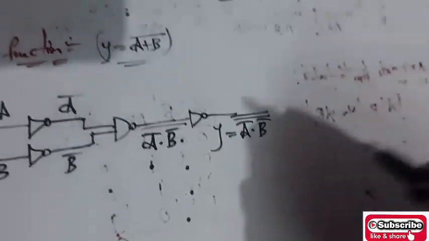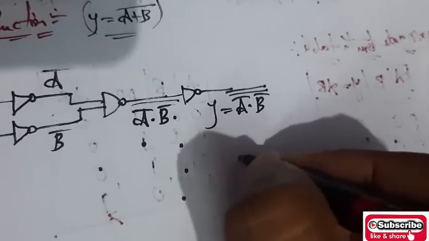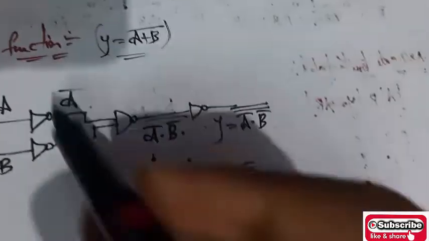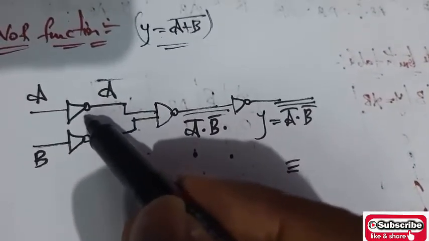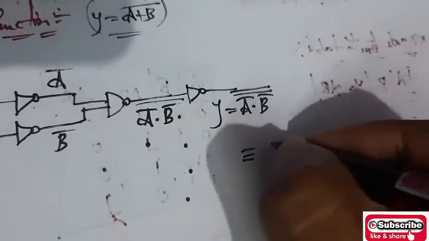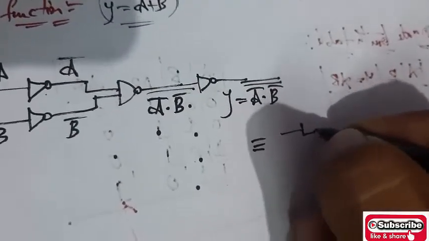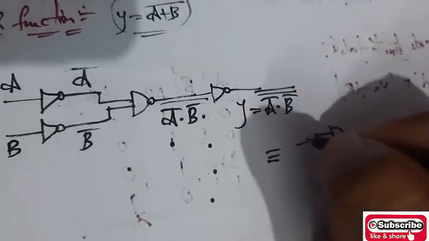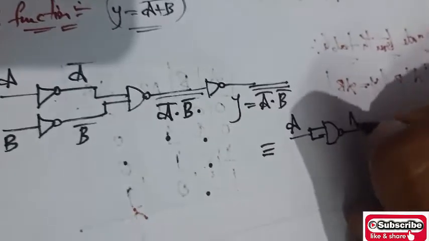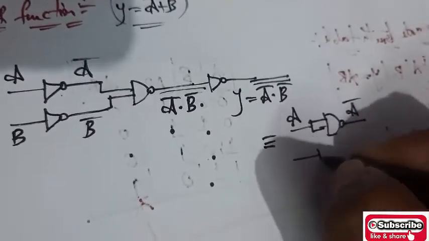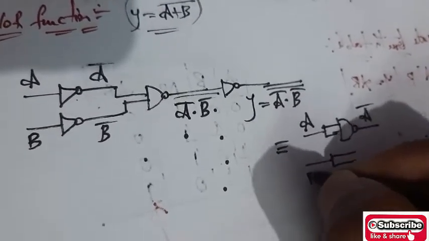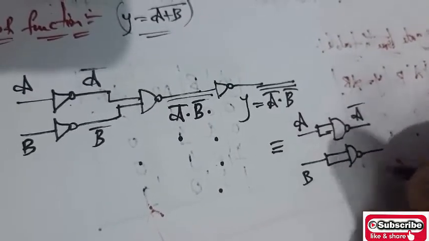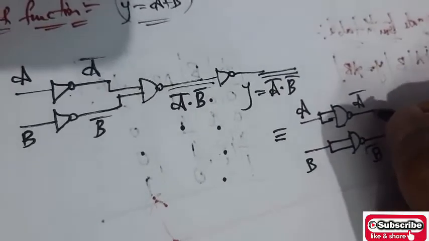This can also be written in terms of NAND gates; this inverter can be replaced by a NAND gate. Input A will get the output A bar. Input B will get the output B bar.